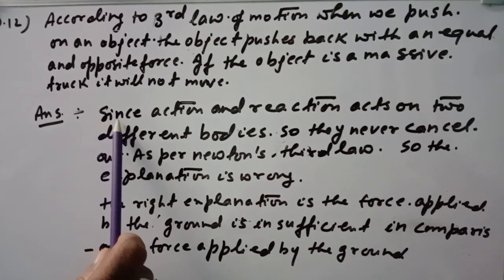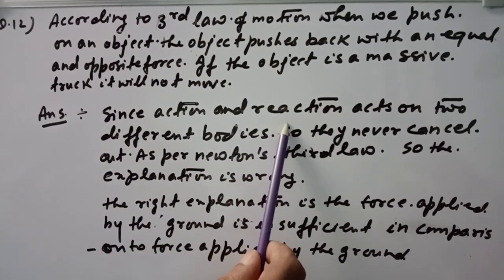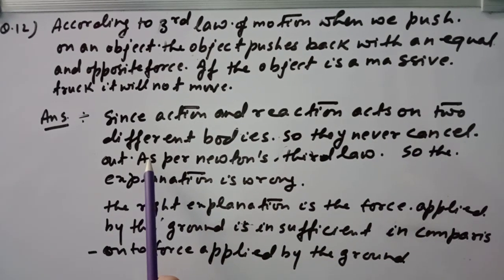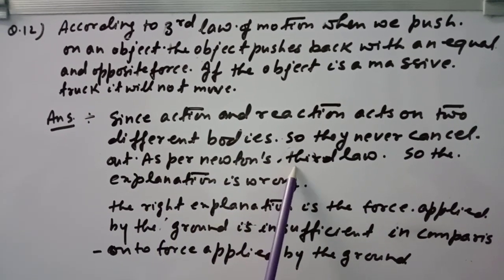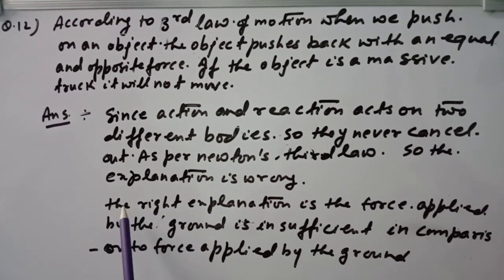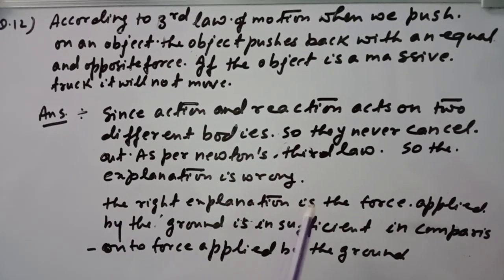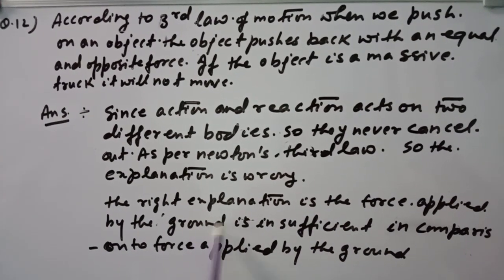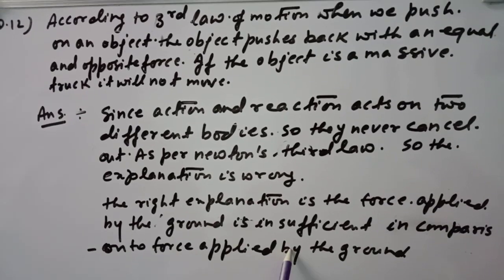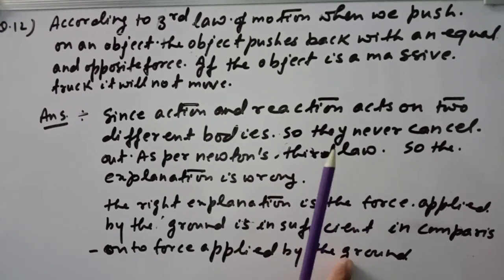I have written here that since action and reaction act on two different bodies, they never cancel out as per Newton's third law, so the explanation is totally wrong. The right explanation is that the force applied by the ground is insufficient in comparison to the force applied by the truck.